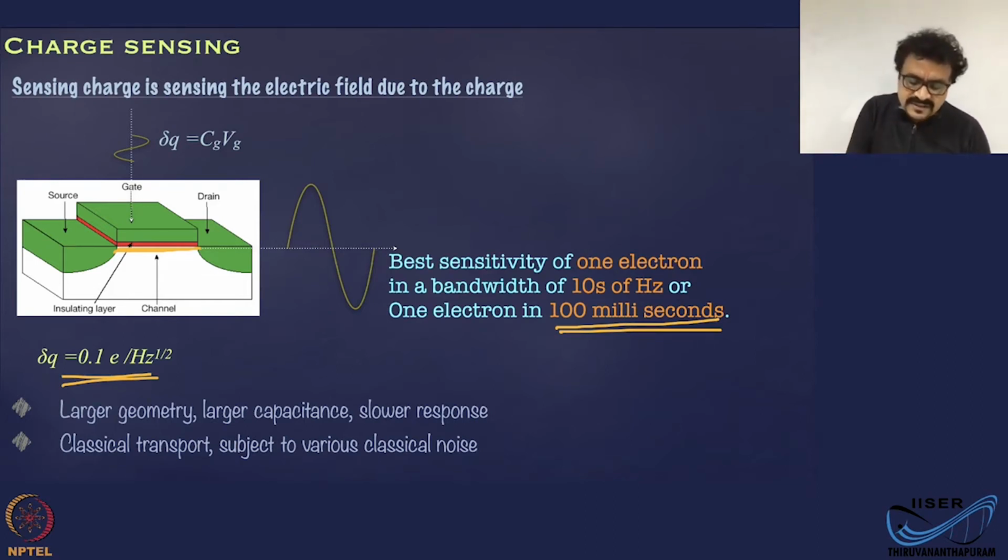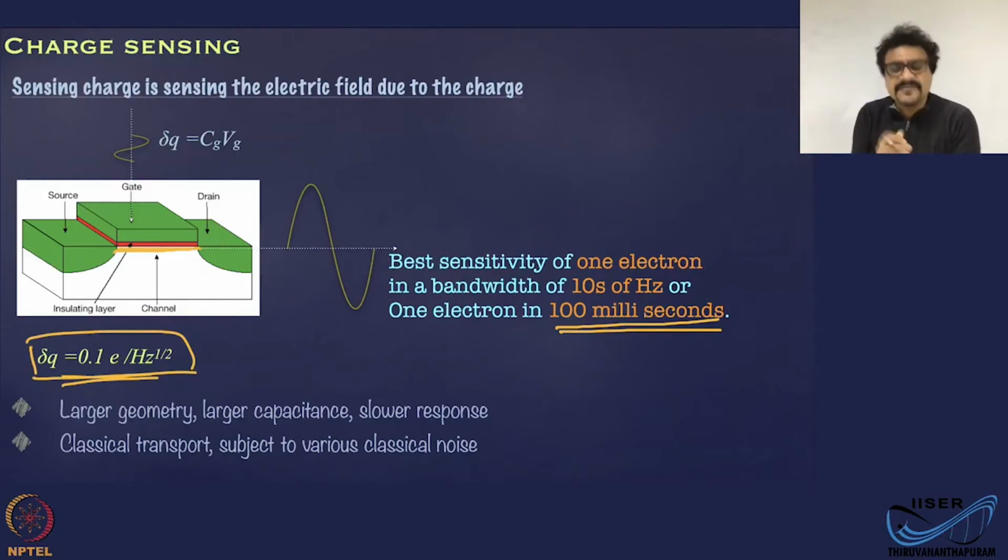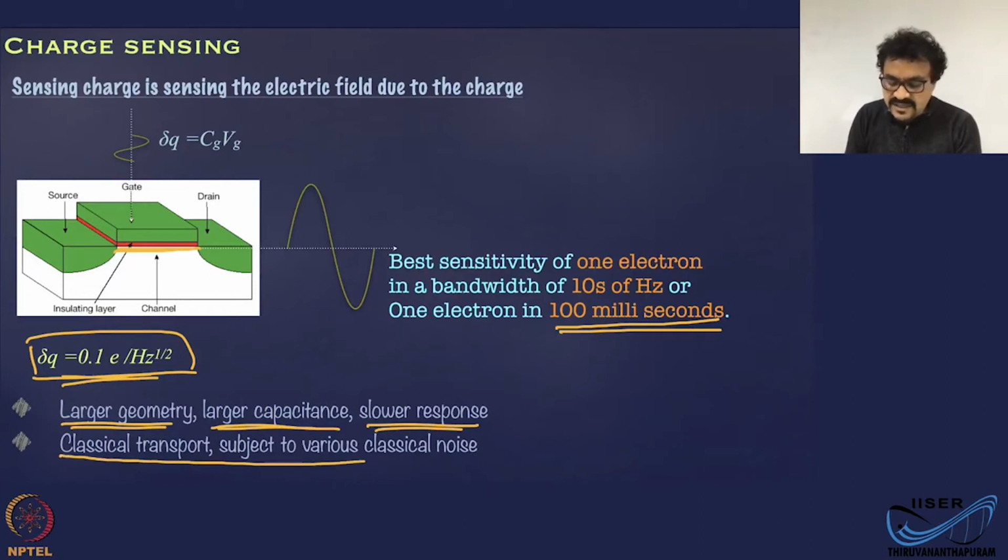So this is not a viable option to sense charge motion in a mesoscopic device. First of all, these are much larger in geometry because they have large capacitance and slower response, and this transport is classical, so subject to a lot of classical noise.